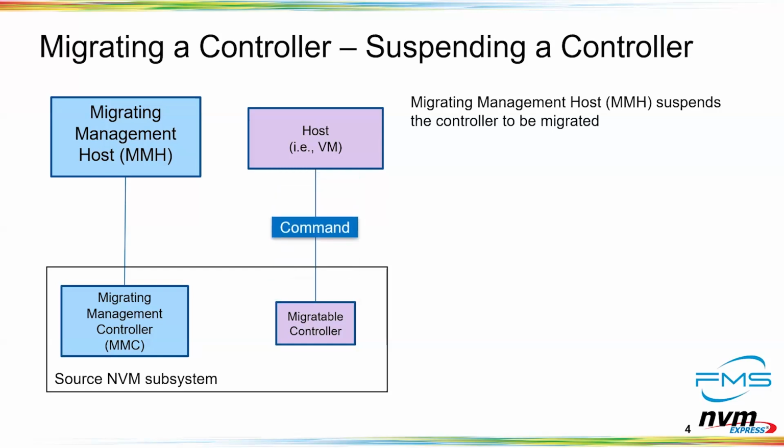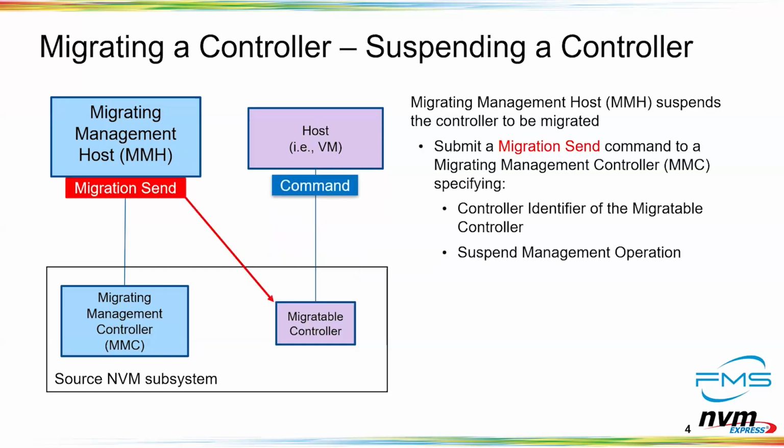To suspend a controller, there's a new migration send command. It's an admin command. That migration send command identifies the migratable controller that is required to be suspended. The command is sent to a different controller that is being used by the host that is managing the operation.